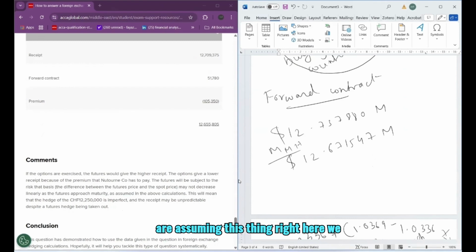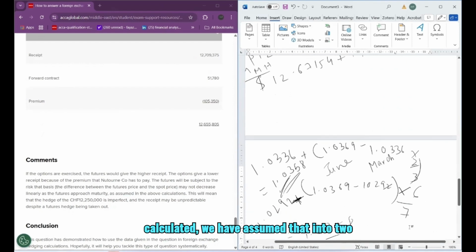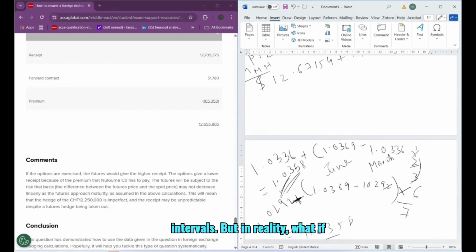We have assumed that it decreases linearly, on monthly intervals. But in reality, what if it is not monthly intervals? What if the difference will remain the same? What if the actual spot price and the futures price have a very large difference and it proves to be an ineffective hedge? We never know.